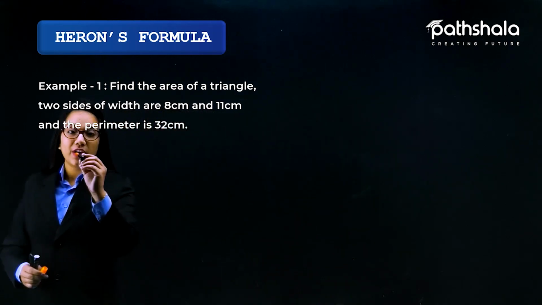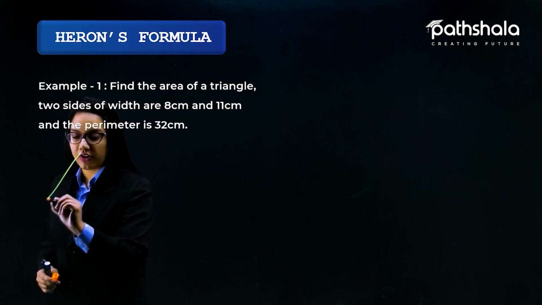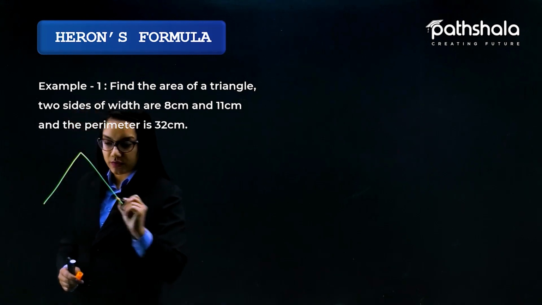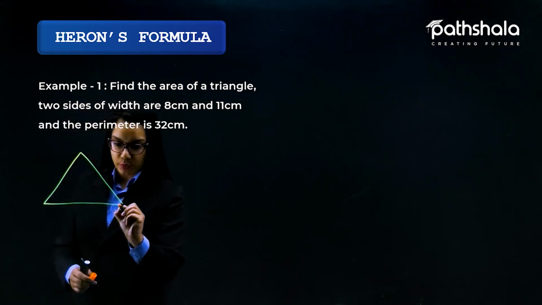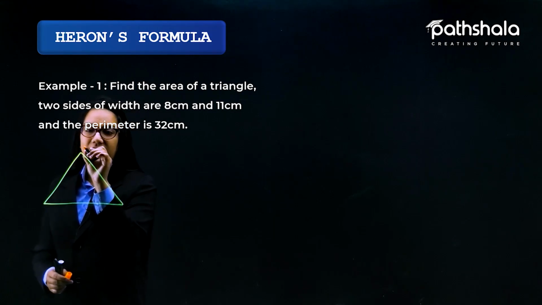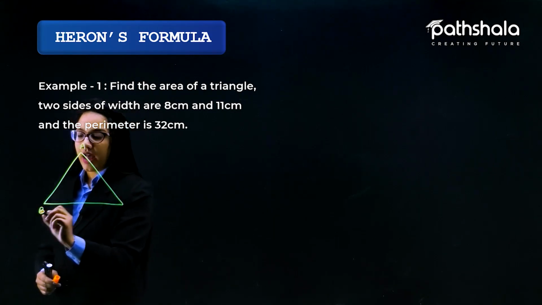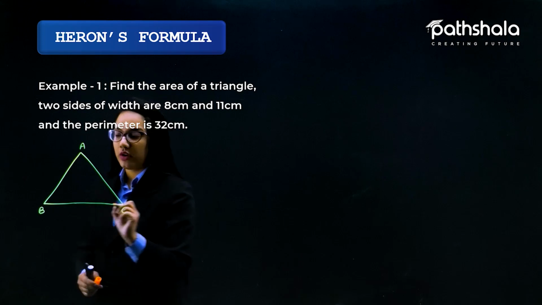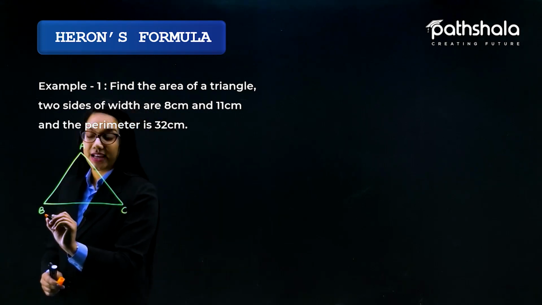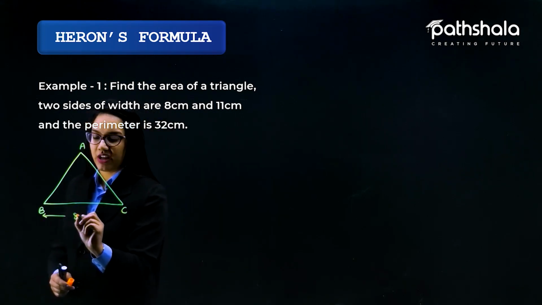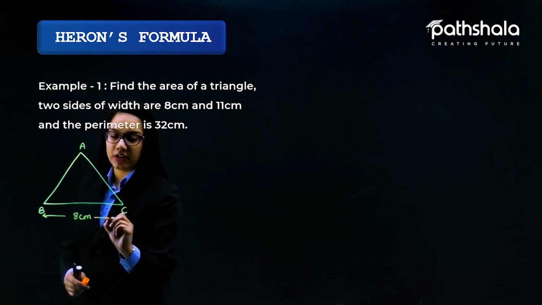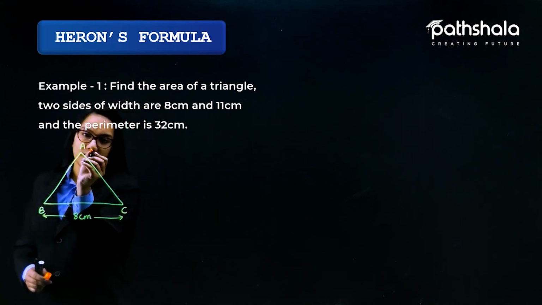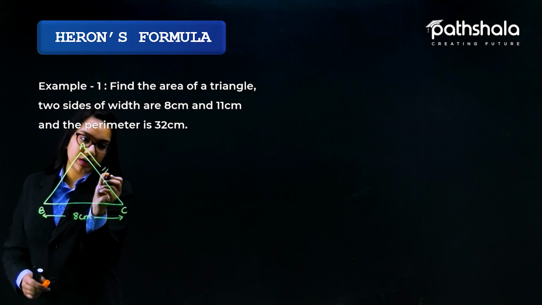Let us suppose I draw this triangle over here, and I'm calling the vertices A, B and C. Let us suppose I'm taking this side as 8 centimeters and this one as 11 centimeters.